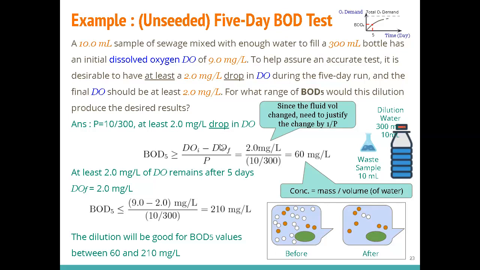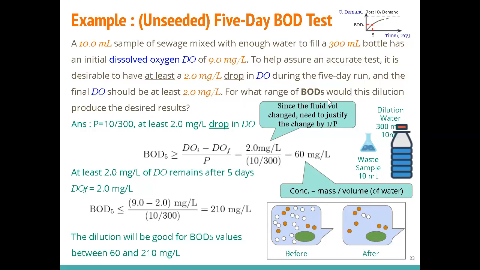If it's too small, your uncertainty range is large enough that you don't trust your measurement, right? So it should be larger than 2 during the 5-day run. And the final dissolved oxygen should be 2 again, so coincidence.